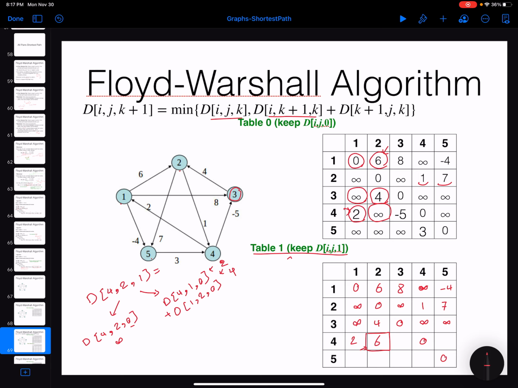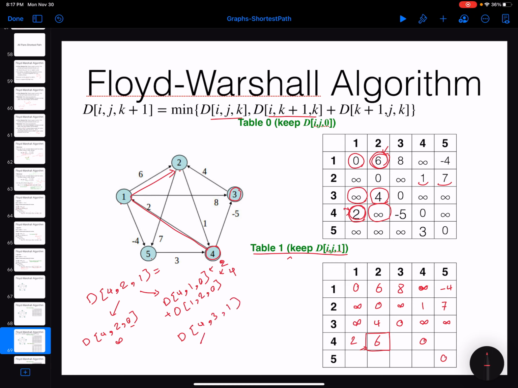It actually just basically tells you that from 4 go to 1, then go to 2, which basically just coming from this part and this part. Also the cost of going from 4 to 3 using 1.